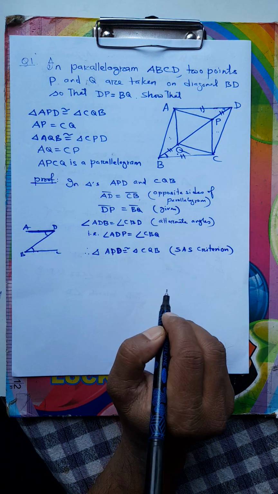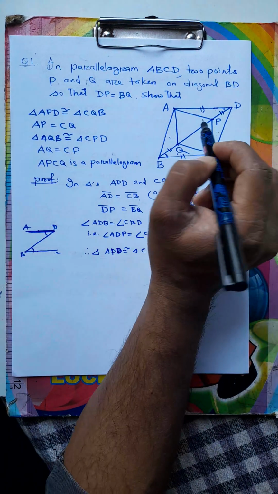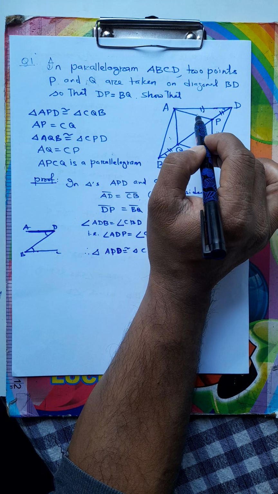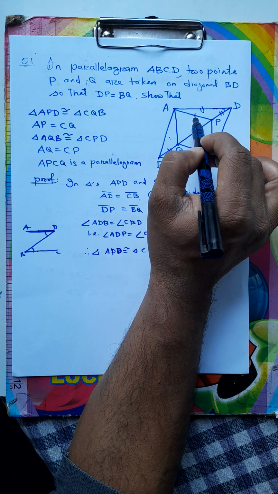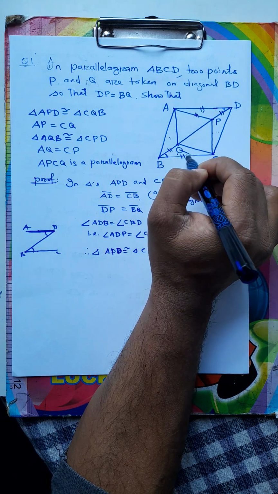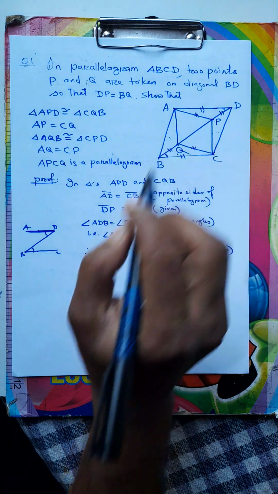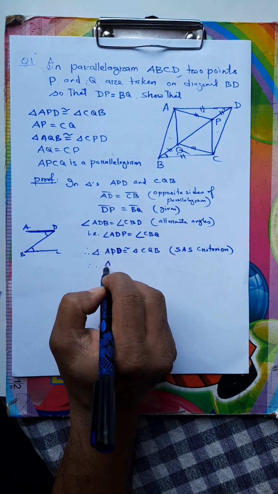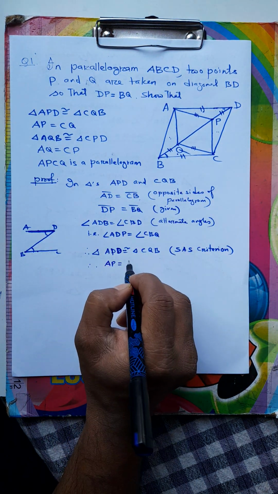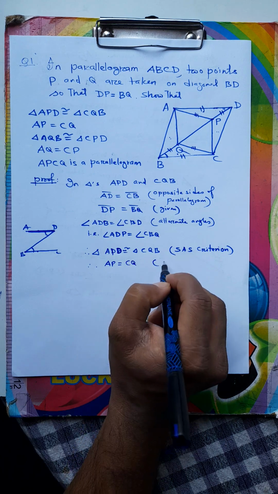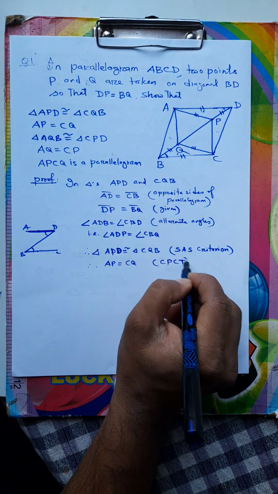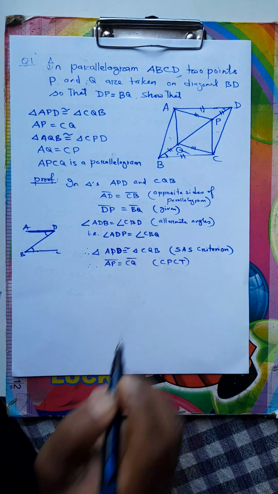These two triangles are congruent. Now in congruent triangles, corresponding parts are equal. That means this part equal to this part, right? Therefore AP equal to CQ, CPCT. Corresponding parts of congruent triangles are equal.